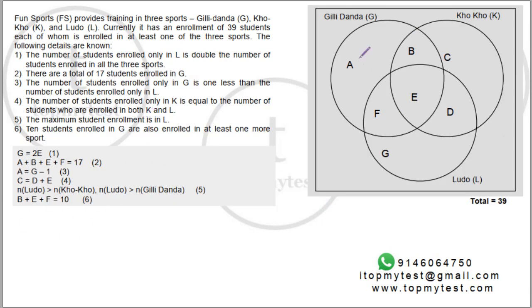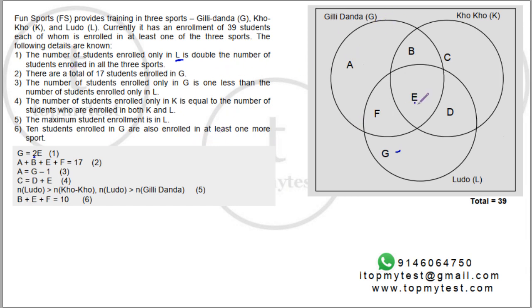I've summarized this. I've put a Venn diagram here. You have Gilli Danda, Kho, Ludo, and so on. So I've written it down. The number of students enrolled in only L, which is G, is double the number of those enrolled in all 3 sports.